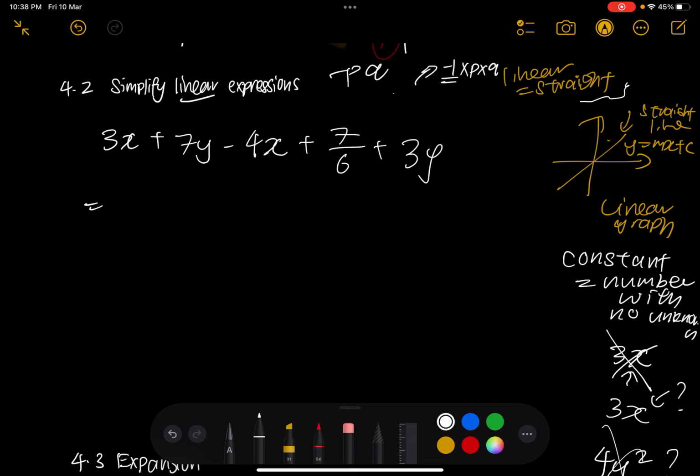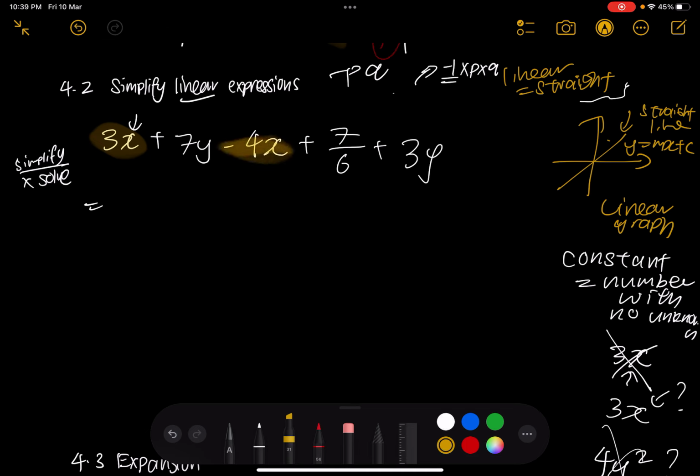Now I want to simplify. When I say simplify, I don't want to solve. Now let's do the like terms together. 3x, which one? Let's look at this term. 3x, which one is similar to this one? Which one has x only?